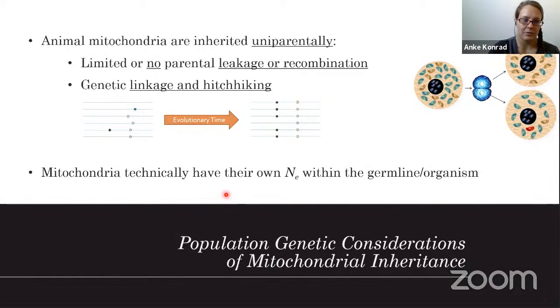So one way to look at this is that mitochondria have their own effective population size within an organism, or in this case, within the germline.